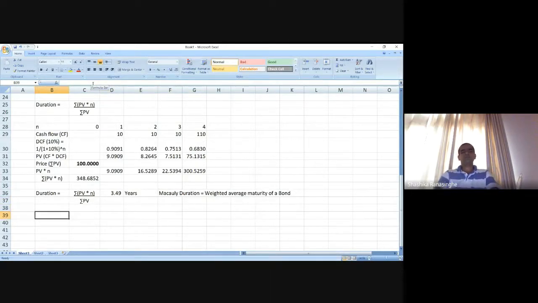Now we are investing 100 in this bond. So to recover your investment, it takes you 3.49 years. That is what it means, right? This is called the Mac duration or Macaulay duration.